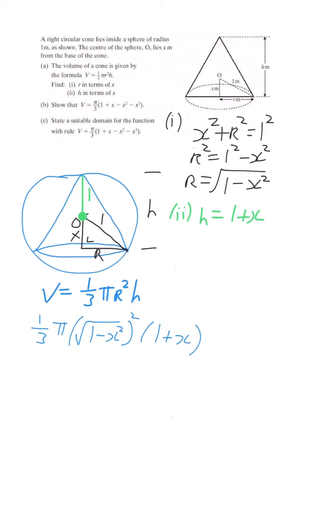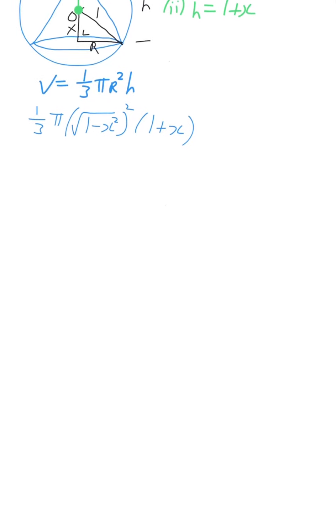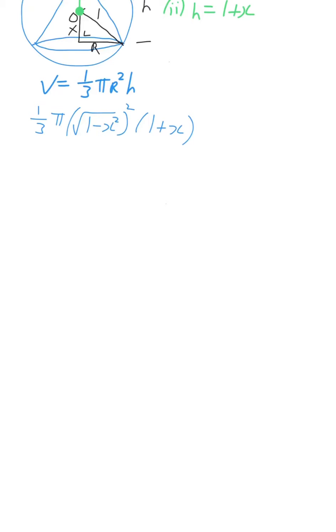Okay, so let's multiply all this out now. Okay, so I'm going to have pi over 3. Now this will just become 1 minus x squared, because the squared and the square root will cancel out. Then I have 1 plus x.